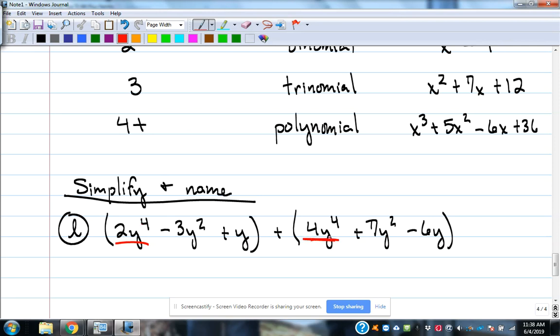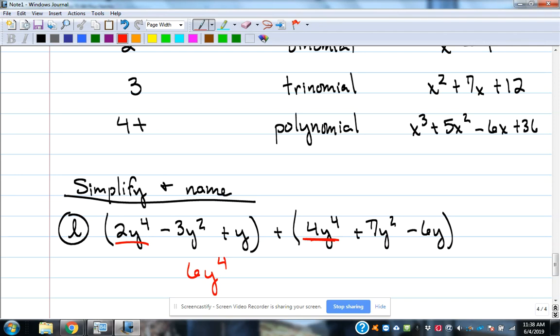This one would be the like term because they have the same base and the same exponent. So when we add those two together, we're just going to add the coefficients, the numbers in front. 4 plus 2 would be 6y to the 4th. We're not going to change the exponent because we're adding. Exponents don't change when you add or subtract. Exponents only change if you multiply or divide.